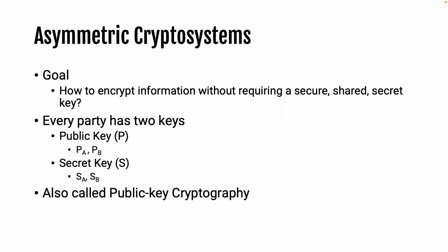All right, so for an asymmetric cryptosystem, the way it works is that every party will have 2 keys. Suppose there's Alice and Bob, and they want to communicate between themselves. There needs to be a key for Alice to encrypt the message so that Bob can decrypt it. And also, Bob needs a key that can encrypt a message that Alice can decrypt.